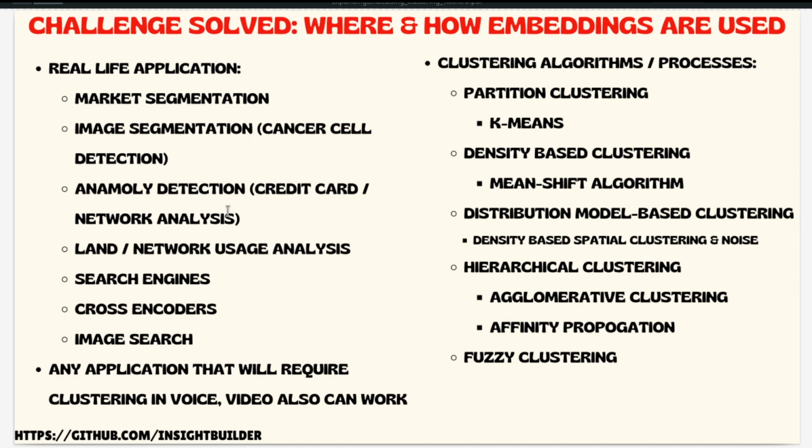If you're a geologist, you can take a look at land usage, or if you are from telecom or any other kind of network, then you can use network usage analysis. You can use search engines. Search engines actually use clustering also. Cross encoders are one of the ways to use it, and image search. All of these applications use embeddings in one way or the other.